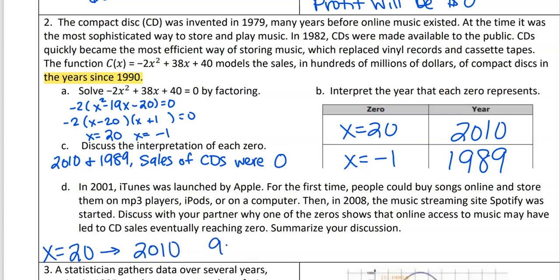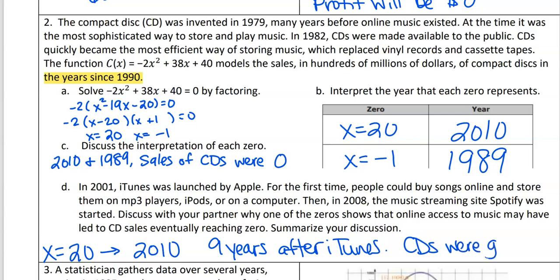This is 9 years after iTunes. So it would make sense that the CDs were gone. Okay, so the sale of CDs were no more. So that one is the one that would make sense to our problem.